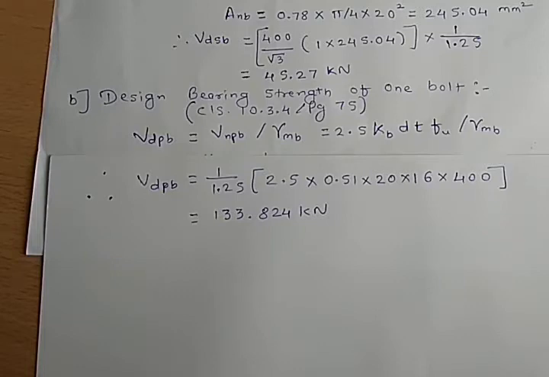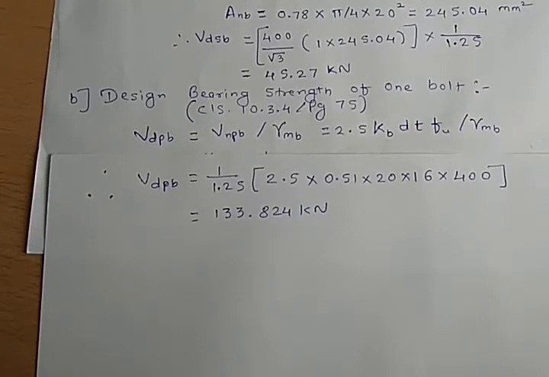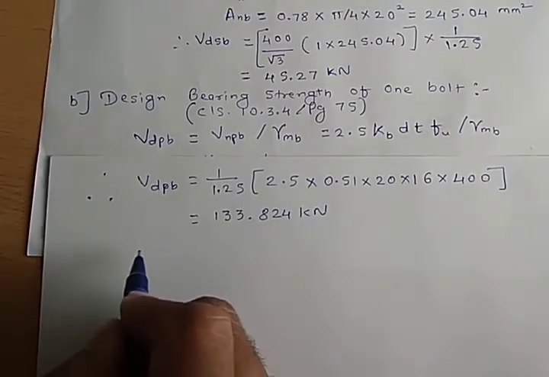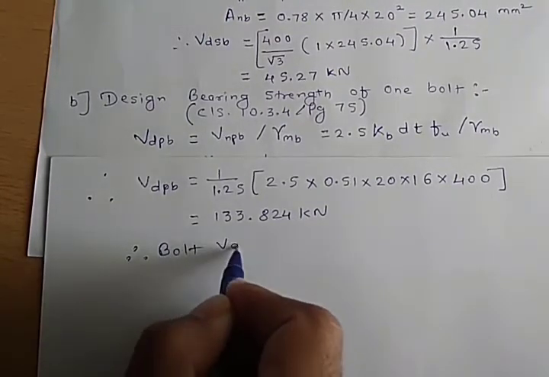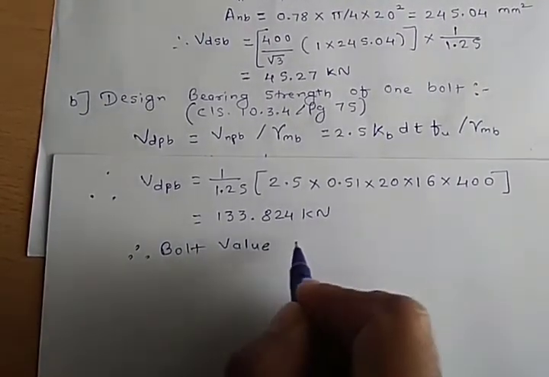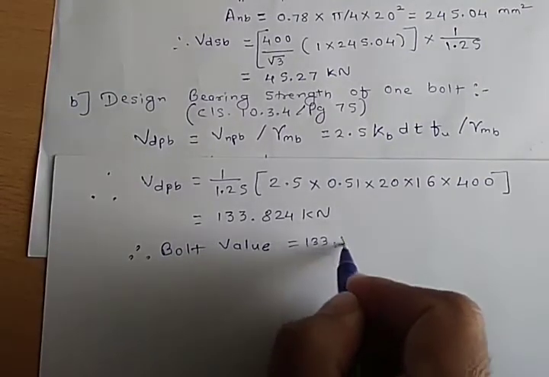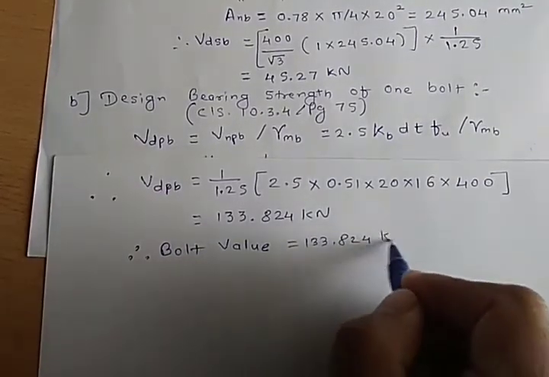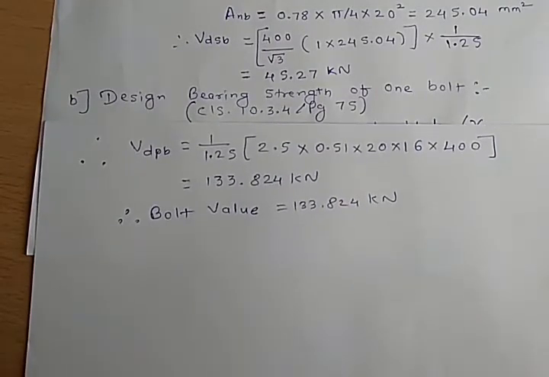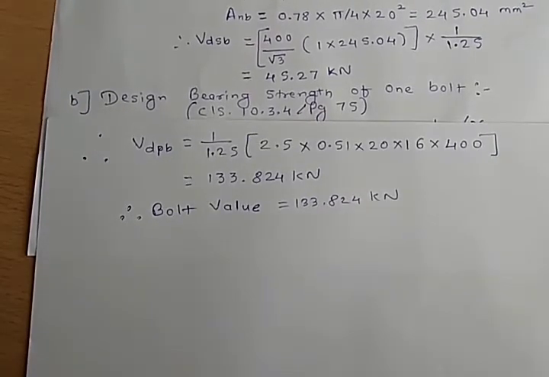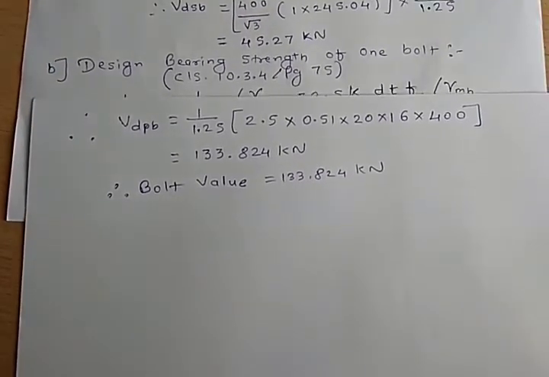In the first case we got VDSB, and in the second case VDPB. The maximum one is called the bolt value, and that equals 133.824 kilonewton.